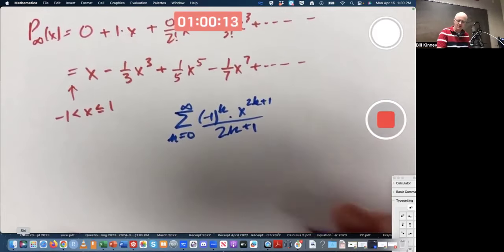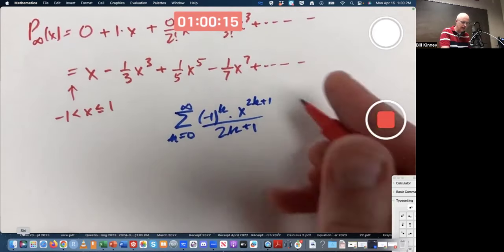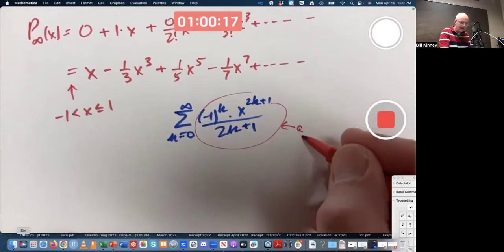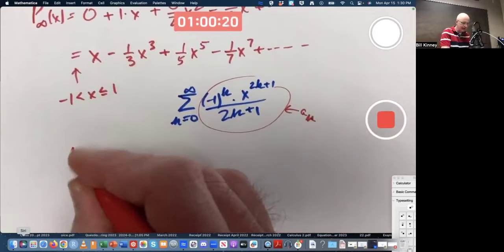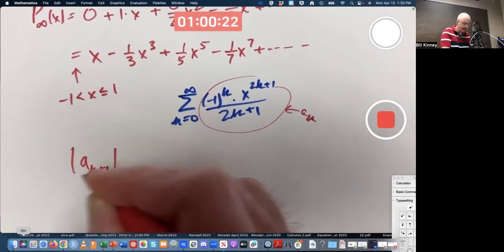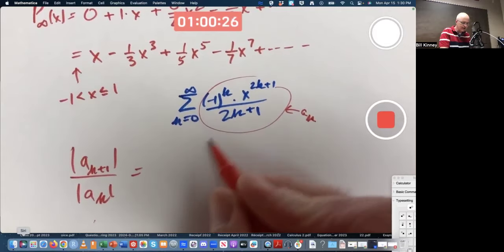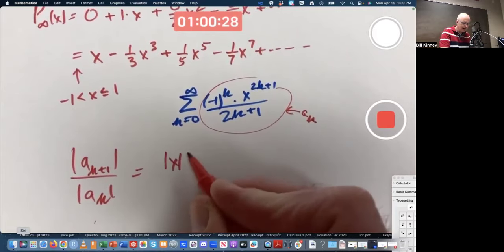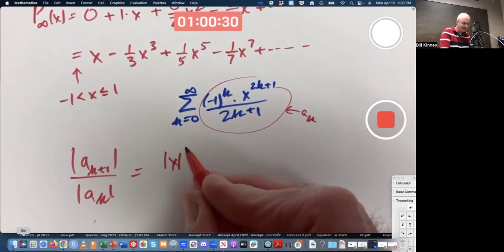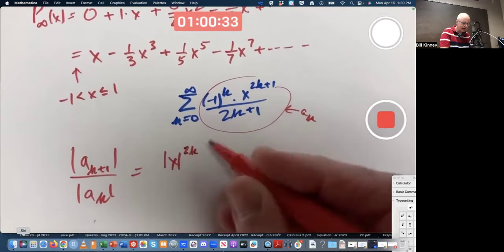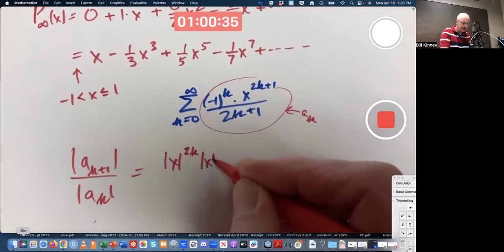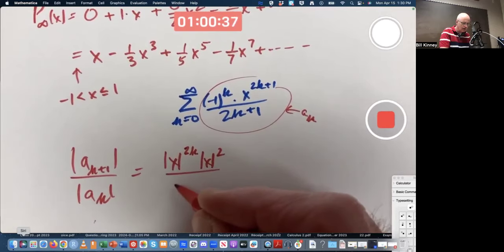The fact that you have only odd powers means you need a 2k plus 1. There's your a_k. If we look at the absolute value of a_(k+1) to the absolute value of a_k, ultimately the negative ones go away. I think you get x to the 2k times the absolute value of x squared over 2k.